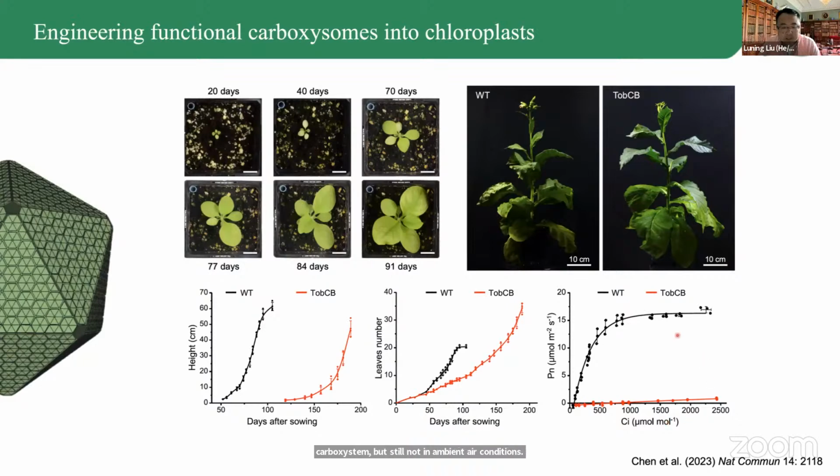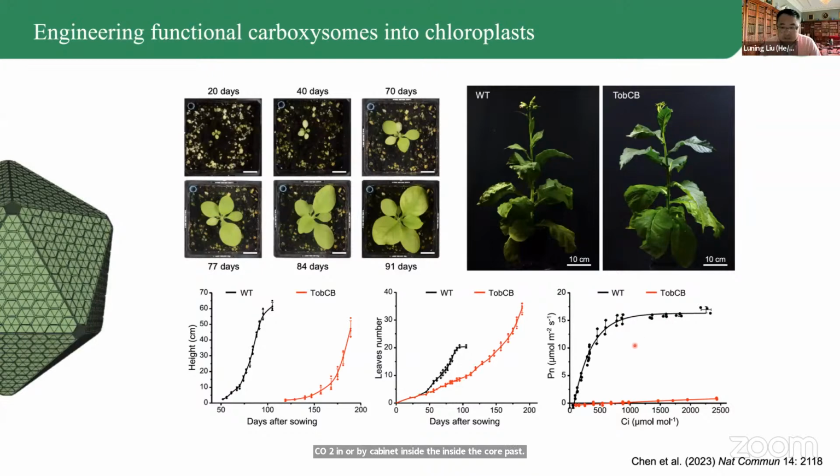You can see the net CO2 assimilation rate of the transgenic plant was still very low. This may suggest that the bicarbonate concentration within the chloroplast could be an essential factor for efficient CO2 fixation in the chloroplast. The endogenous chloroplastic carbonic anhydrase might need to be removed to keep the CO2 or bicarbonate inside the chloroplast.